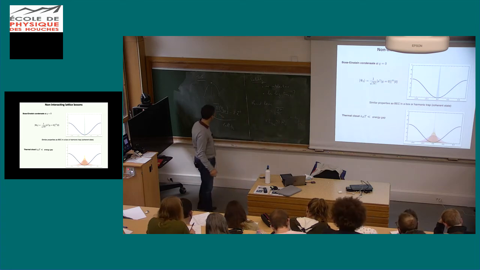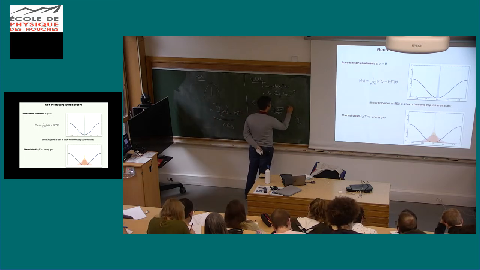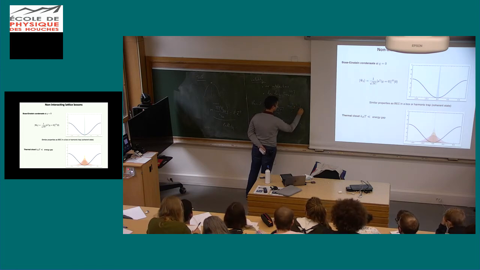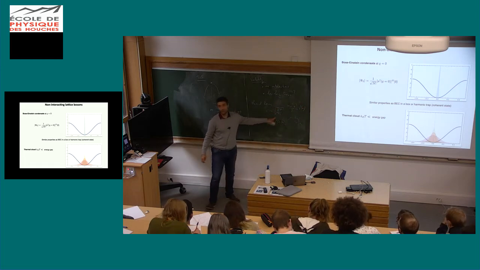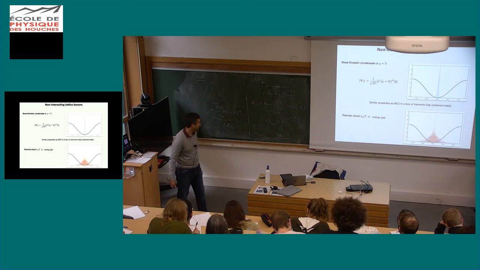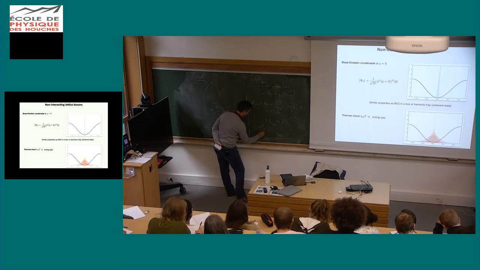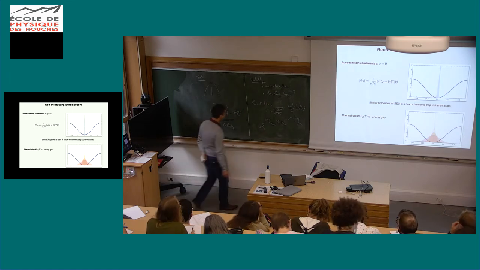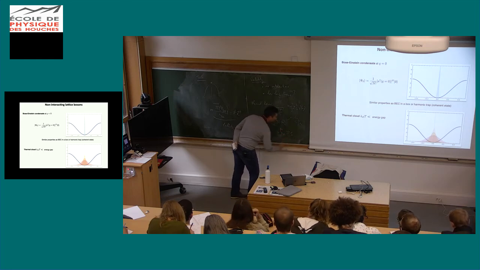And if you are in a harmonic trap, this is also related to the initial size with the trapping frequency. And so what you get is omega t_of larger than 1.